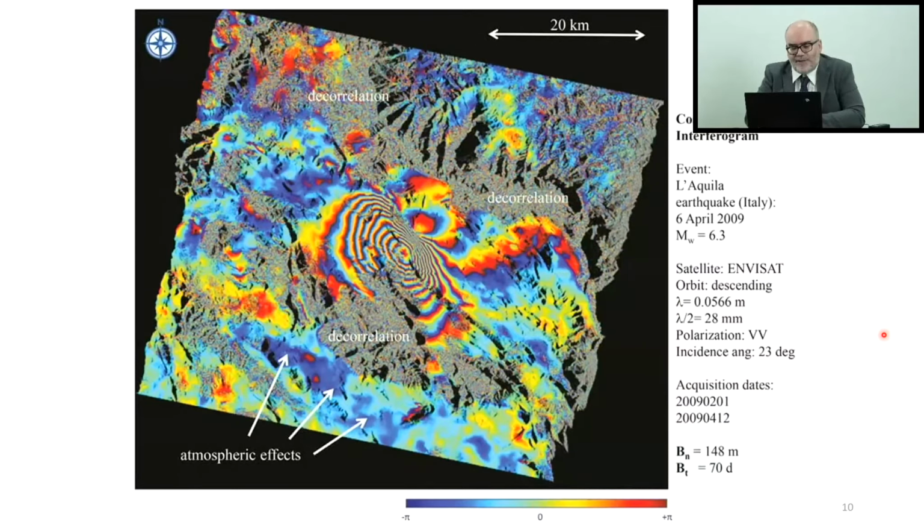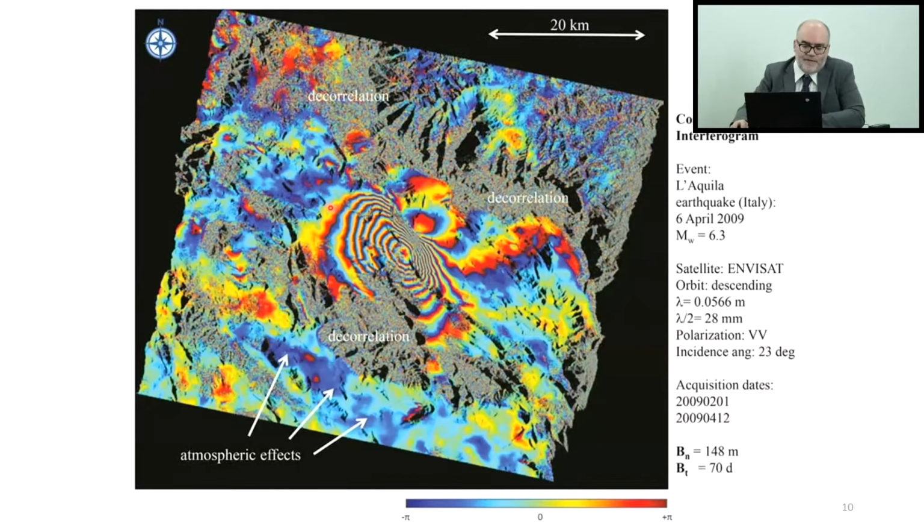As we can see here, we have another interferogram, a coseismic interferogram for an earthquake in central Italy that happened in 2009. And every fringe here represents the deformation of this portion of the Earth's surface.